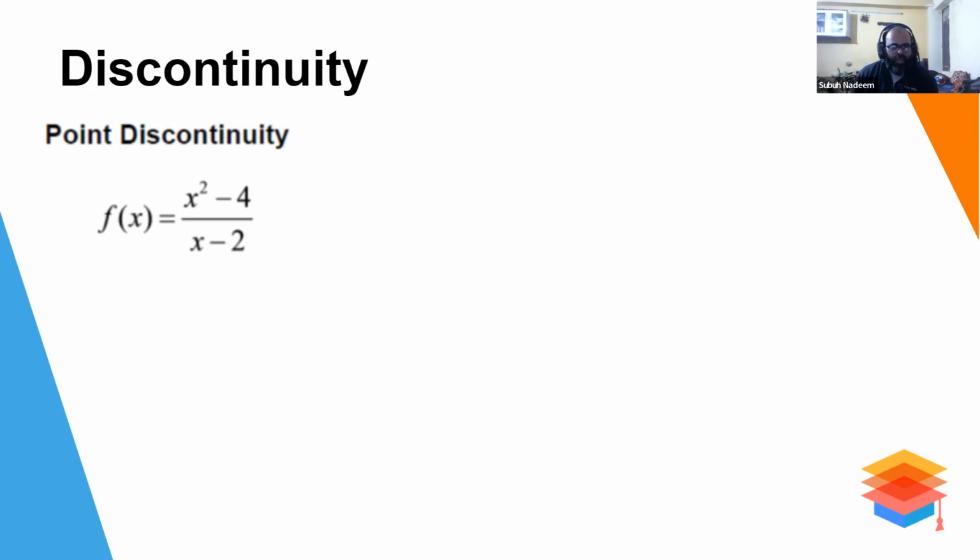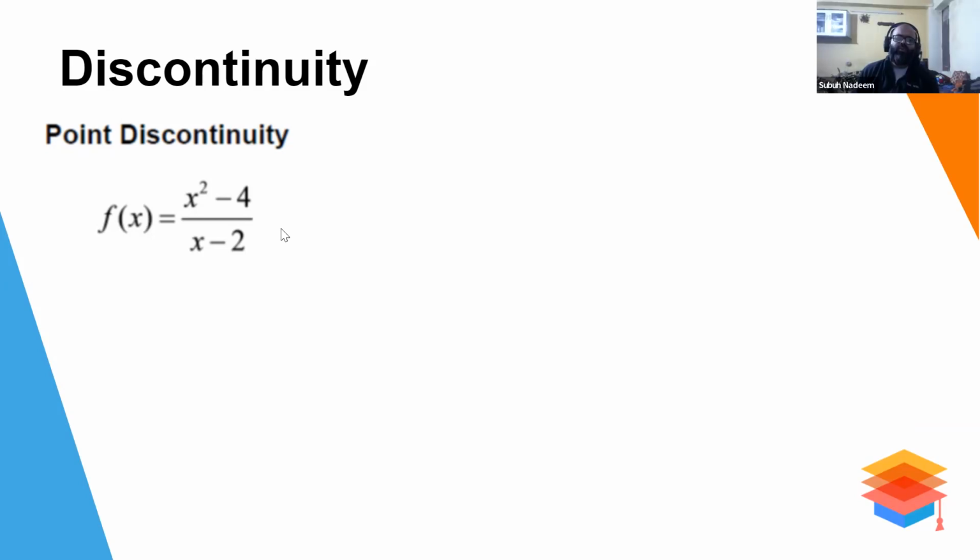Yes, Satya. So if you put x is equal to 2, you will see that the numerator is becoming 0 and the denominator is becoming 0. So this is not defined at x is equal to 2. So at this point, it is discontinuous, right? So this is a point discontinuity. Sir, don't we have to take it like x plus 2 and x minus 2 and cancel?